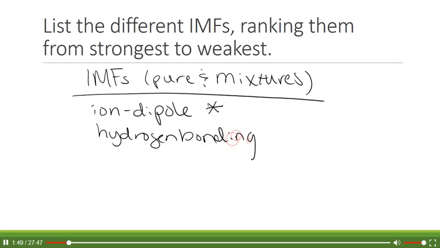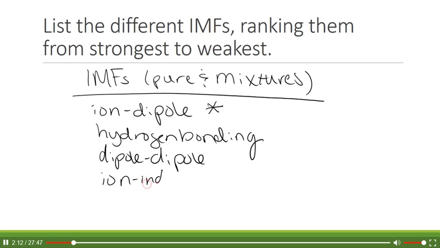Hydrogen bonding can be in mixtures or pure substances. Next, we have dipole-dipole, also pure substances or mixtures. After that, we have ion-induced dipole, and this is only in mixtures.